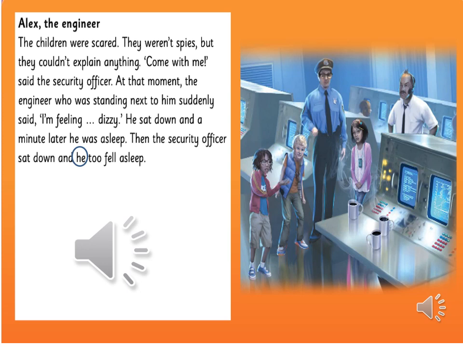Then the security officer sat down, and he too fell asleep. The characters that are mentioned in this paragraph are the children, the engineer, and the security officer. The setting, the place and the time of the story, as I mentioned earlier, is in the past and the place is in the control room.